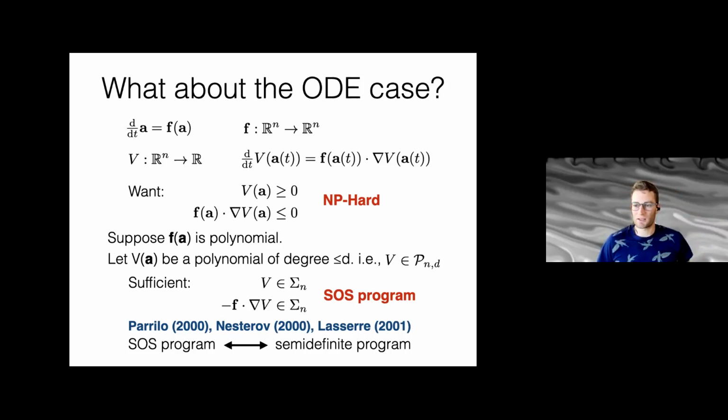Semi-definite programming is just a different type of conic optimization problem in which your optimization variable is a symmetric matrix and you are constraining it to be positive semi-definite. I won't go into details. I'm just going to say that this type of problem with tunable polynomials and sum of squares constraints is something that a computer can do.